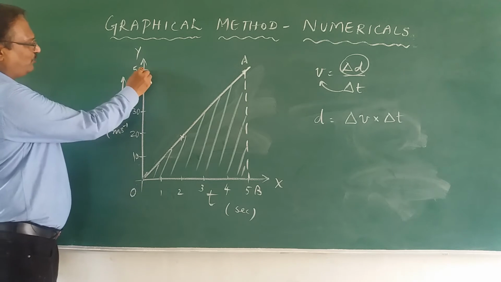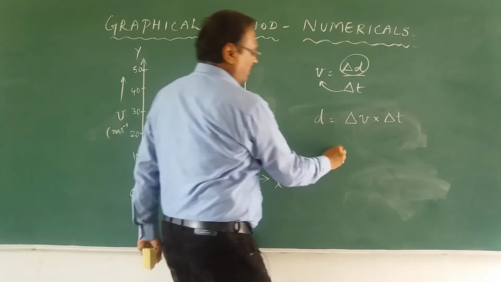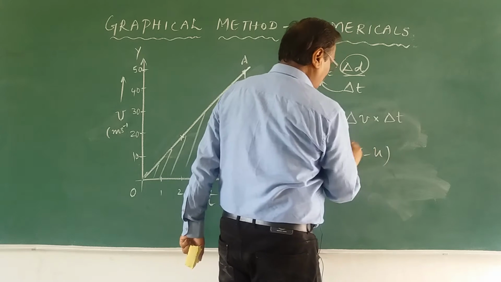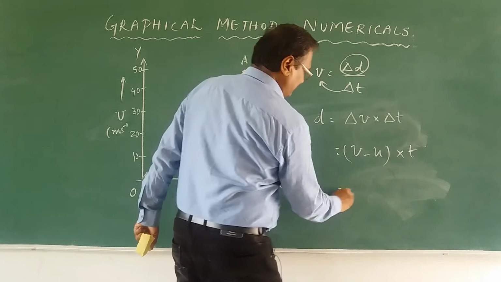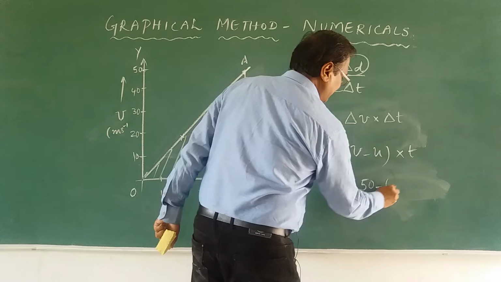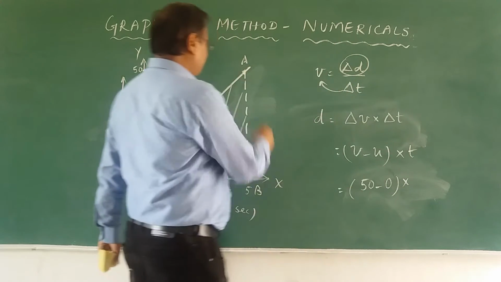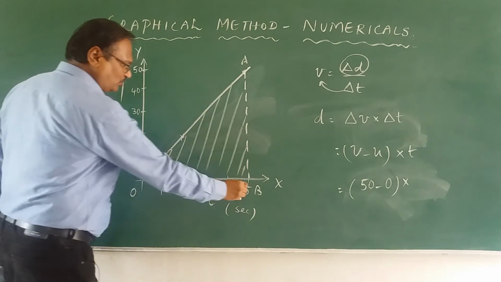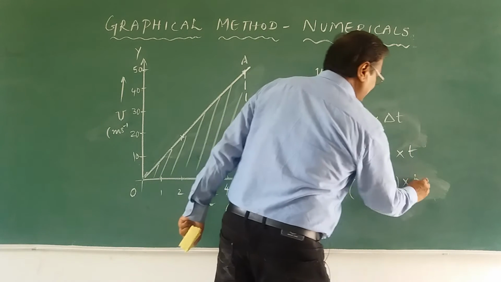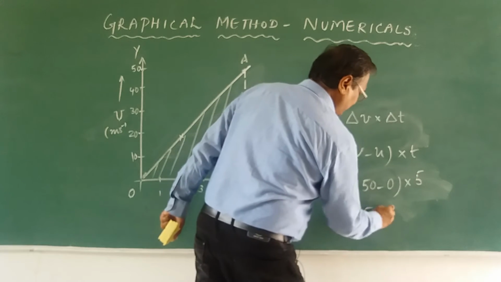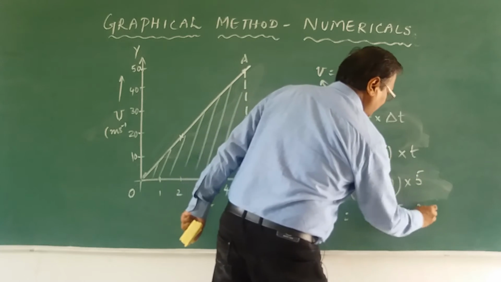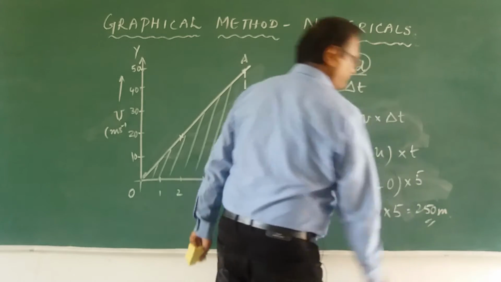Initial velocity 0, final velocity 50. So I can put V minus U multiplied by T, that is 50 minus 0 multiplied by T. How much time have we taken? 0 to 5, so 5 seconds. That is 50 multiplied by 5, that is 250 meter.